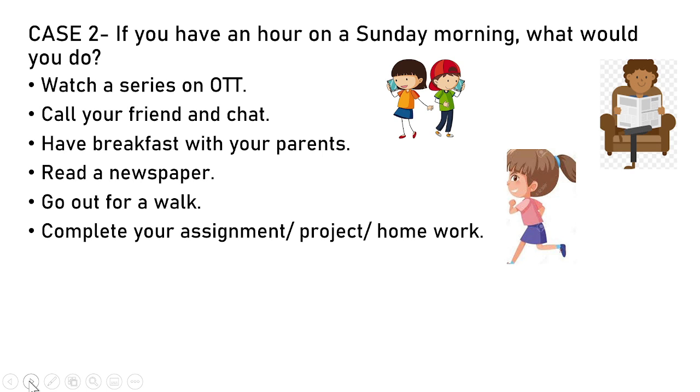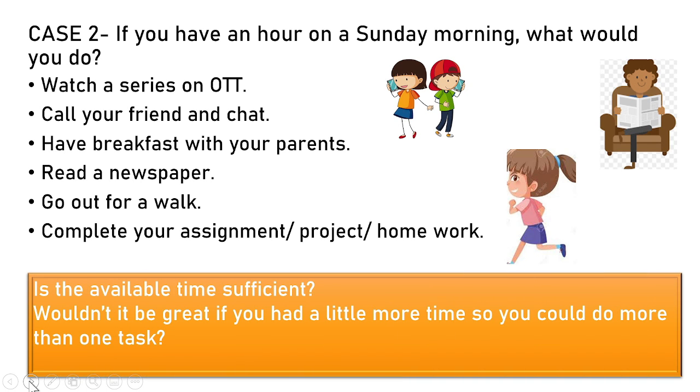Again, don't you think you had a little more time available with you? Is this time sufficient for you to complete the task? Maybe one task, but what if you had a little more time so you could complete more than one task, fulfill more than one requirement? Requirement, what is that? Well, in economics, we have something called as needs and something called as resources.